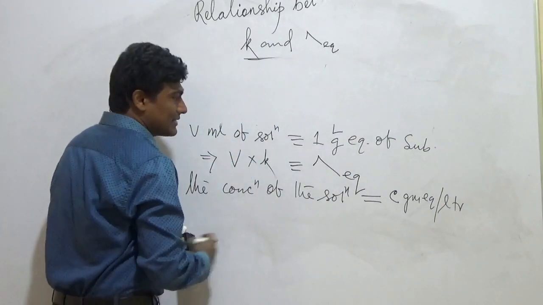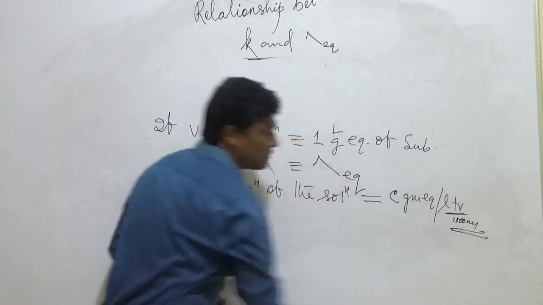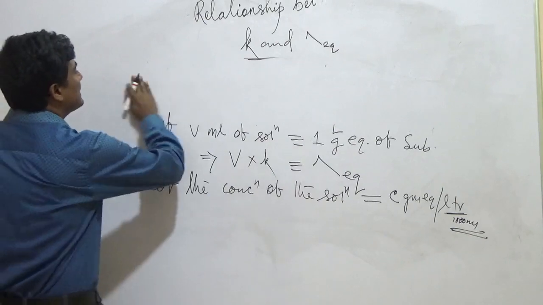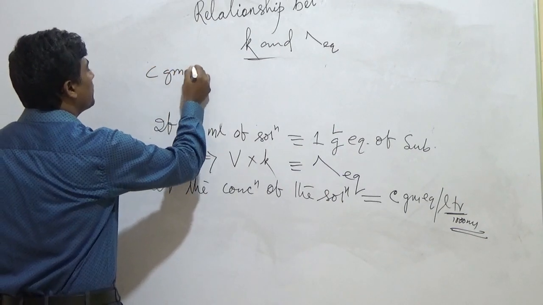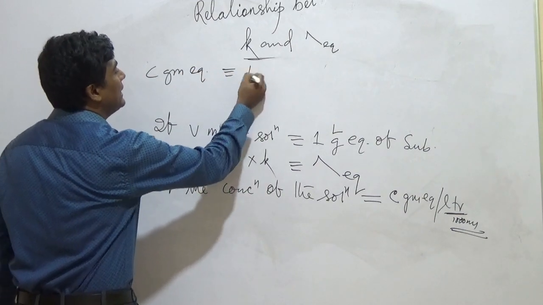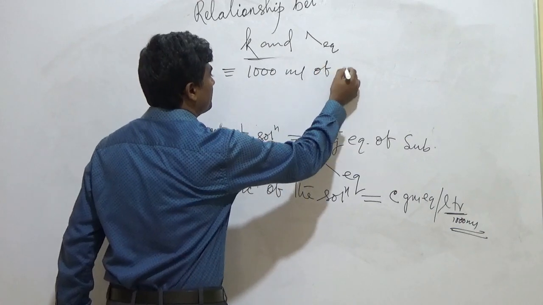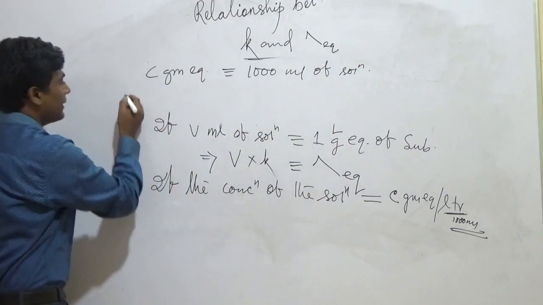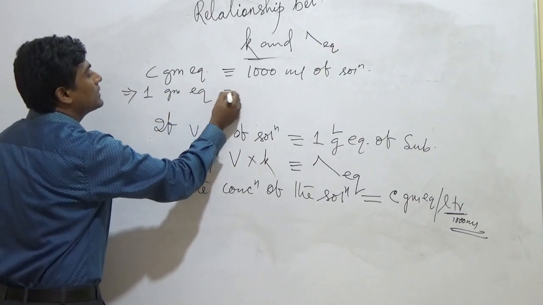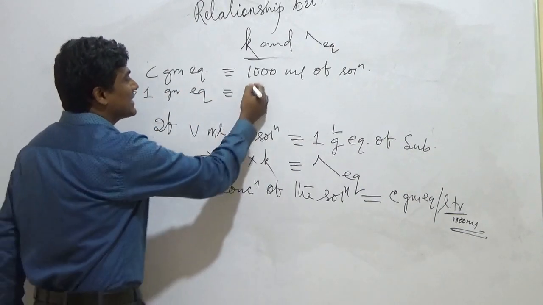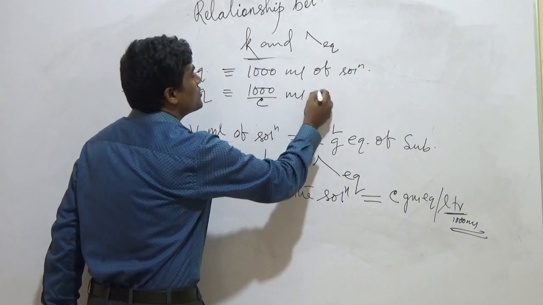We can write 1 liter is nothing but 1000 ml. So C gram equivalent is present in 1000 ml of solution, which implies that 1 gram equivalent of substance will be present in 1000 by C ml of solution.